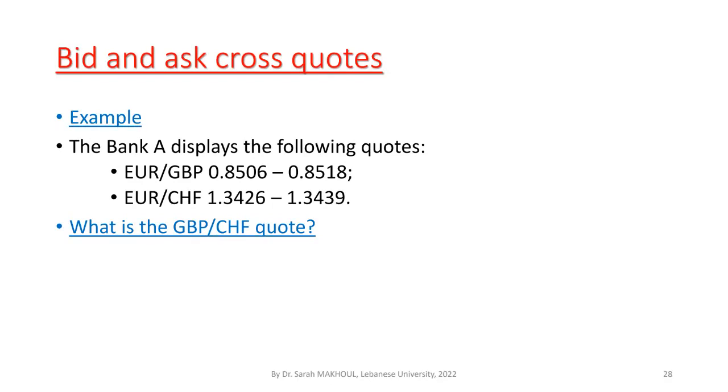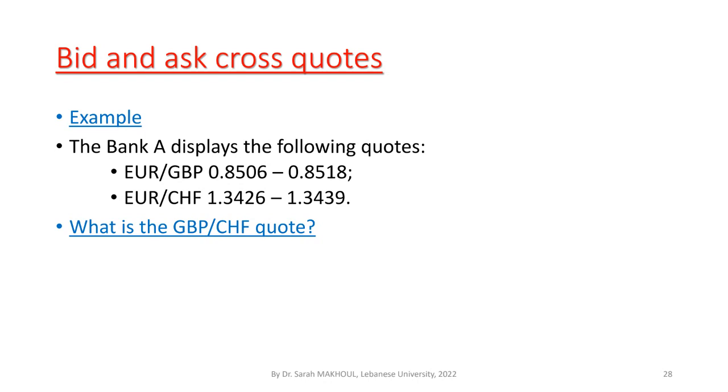You go to bank A and ask for the quotation, and bank A gives you the euro against the English pound as follows, and the euro against the Swiss franc as follows. So what is the quotation between the English pound and the Swiss franc?